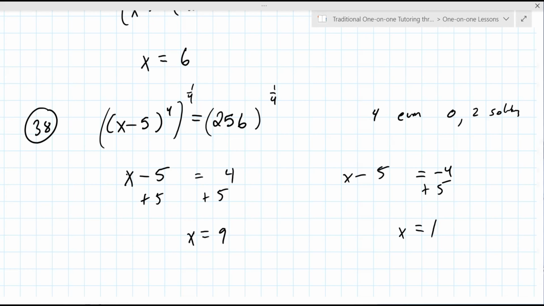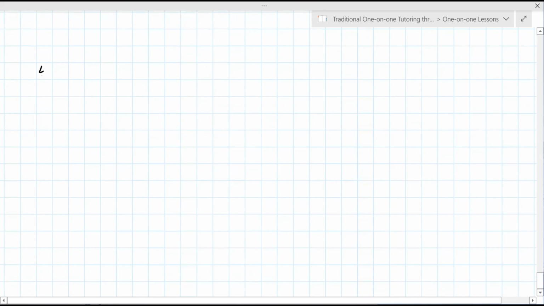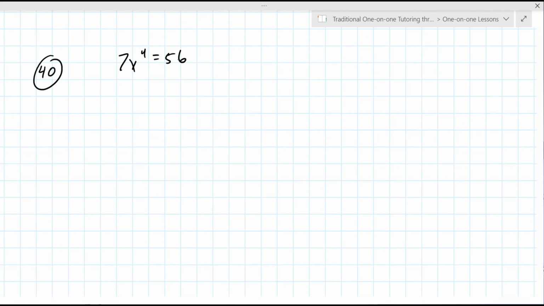All right, what's next here? Why don't you try solving 40 on your own? And keep in mind there are 2 solutions to 40. So you multiply each side by 1/4. Not yet. You've got to get rid of that 7 out in front.